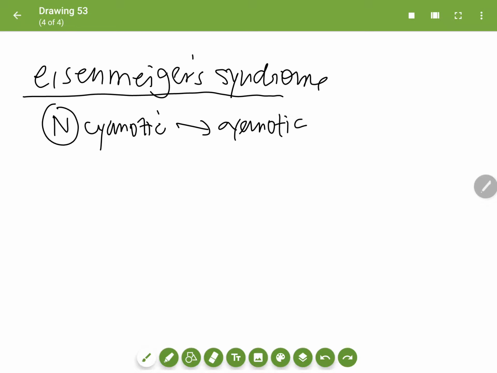So these non-cyanotic congenital heart diseases that I described are all also called left to right shunts.